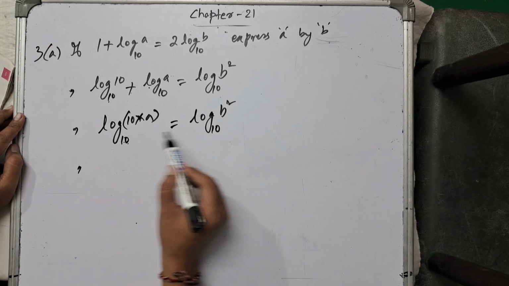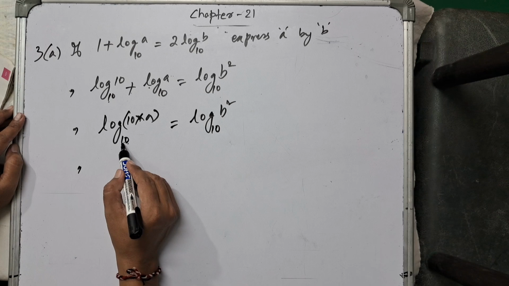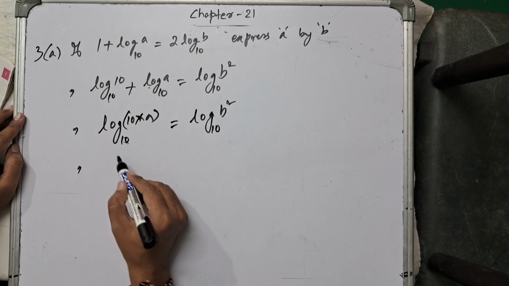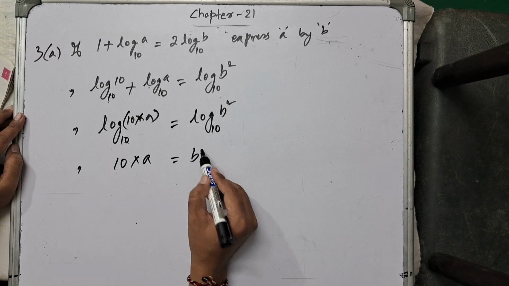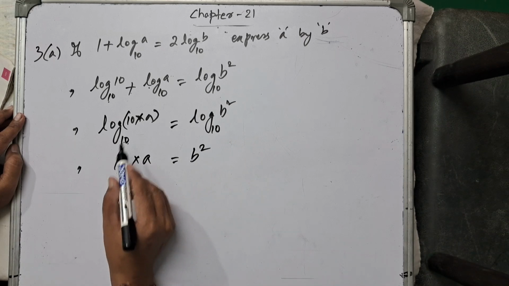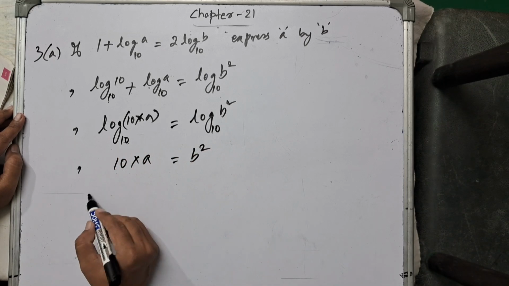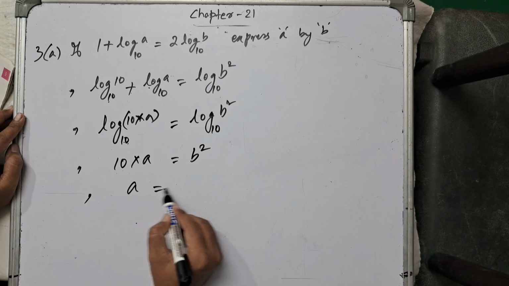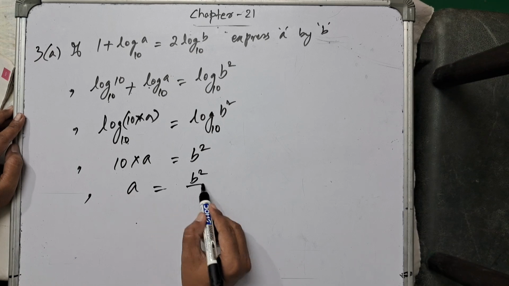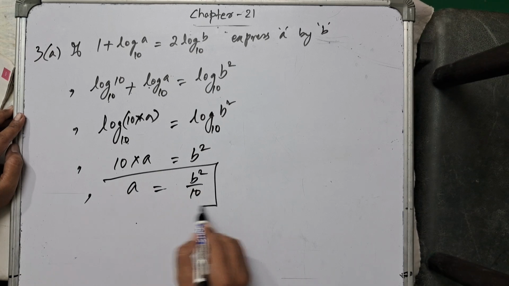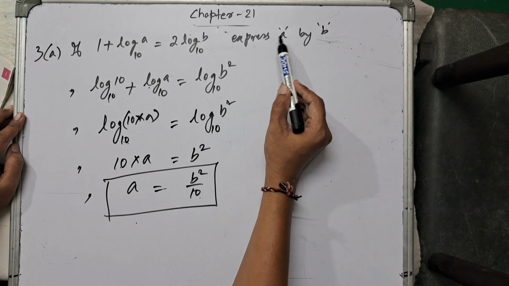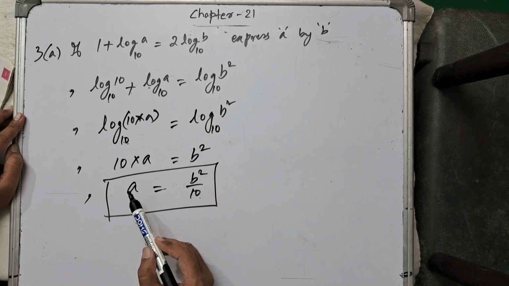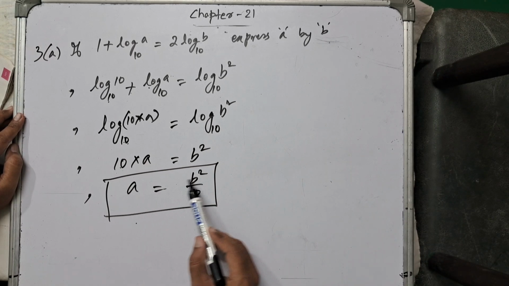So 10 into a equals b square, or a equals b square upon 10. So this is the solution. This 10 will go to the denominator. We were asked to express a in terms of b, so a in terms of b is a equal to b square upon 10.